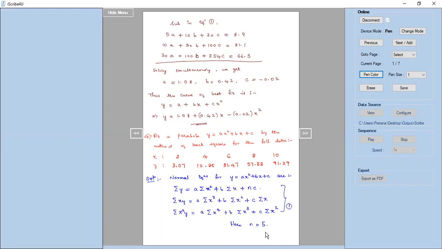Now we'll form the appropriate table. The table involves all the summations required for us from the normal equations. Means we'll be in requirement of summation x, summation y, summation x square, x cube, x power 4, x into y, x square y. So all these summations will be in requirement for us. Accordingly, we'll prepare a table.